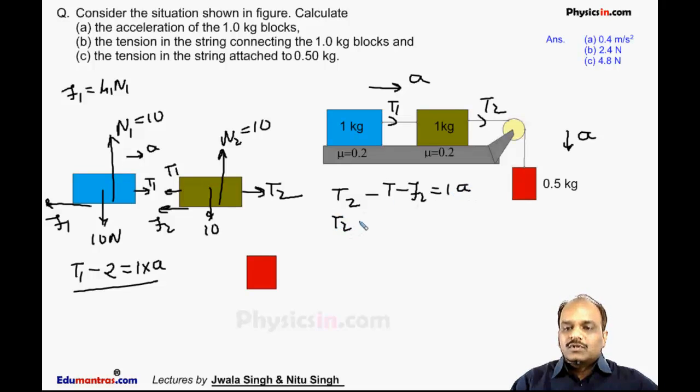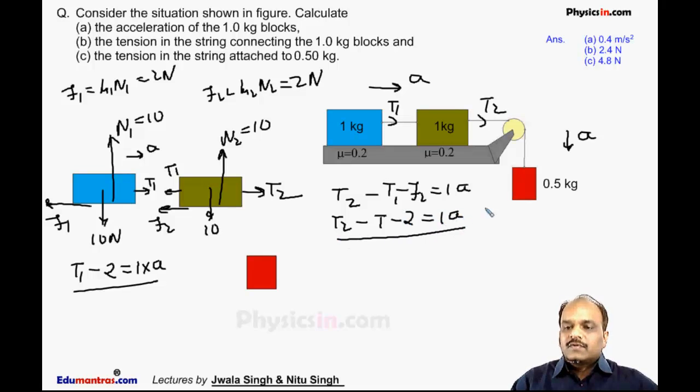F2 is also equal to mu2 times N2. Mu2 is 0.2 and N2 is 10, so it is 2 Newton. So T2 minus T1 minus 2 Newton is equal to 1A. This is our second equation.